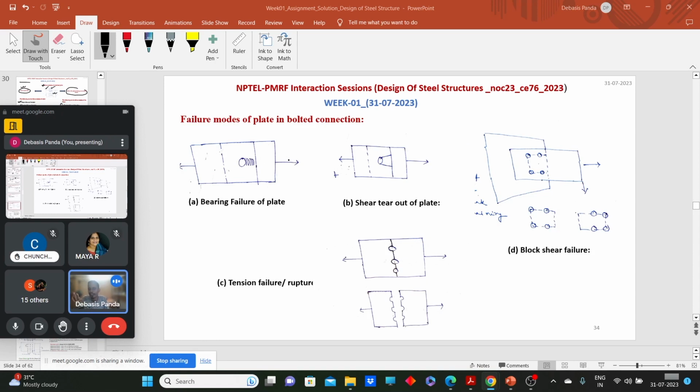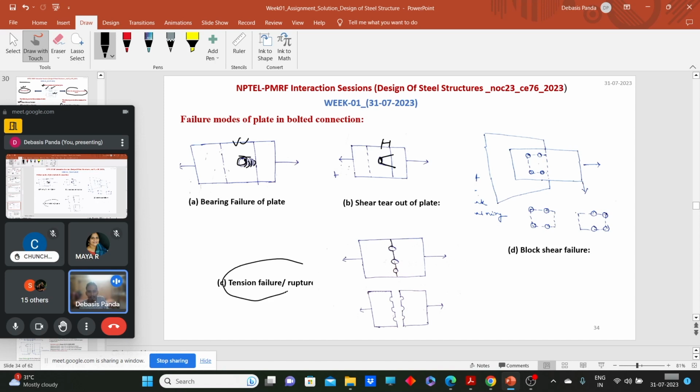If we put some strong bolts within some weaker plates, obviously the plate section will get crushed and it will fail. Now shear tear out, here what we have, if we don't provide certain end distances, then there will be stress concentration at the hole and it will crack out.